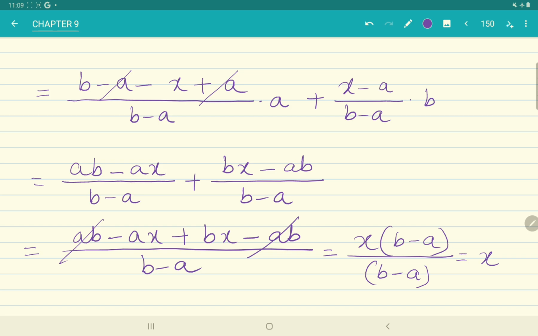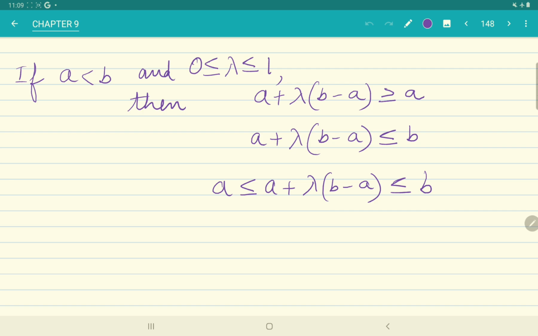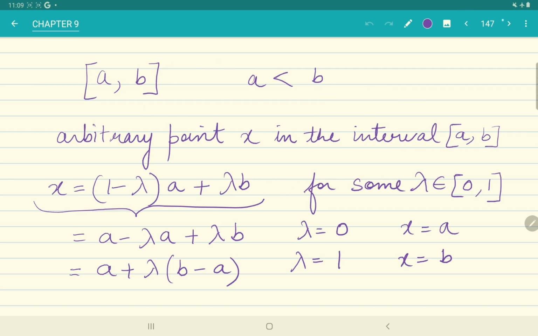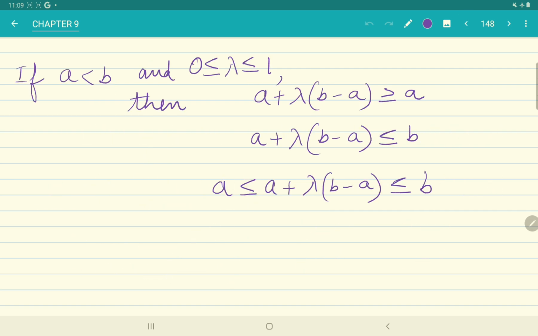So that means we can easily see here that if a is less than b and we have lambda belonging to 0 to 1 both inclusive, then we have this.